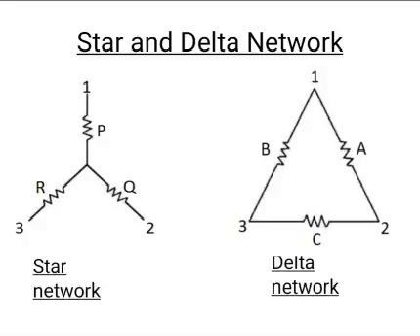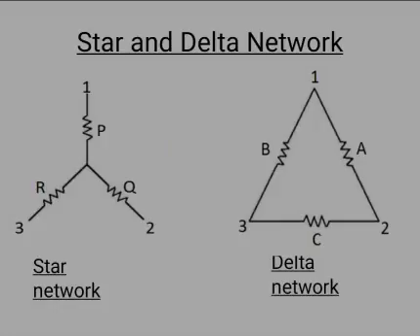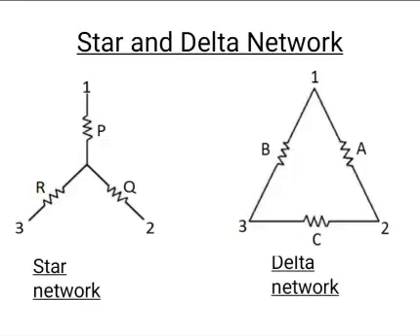A three-phase network connected in one type of configuration can be easily changed into an equivalent configuration of the other type by using either the star delta conversion or delta to star conversion process.